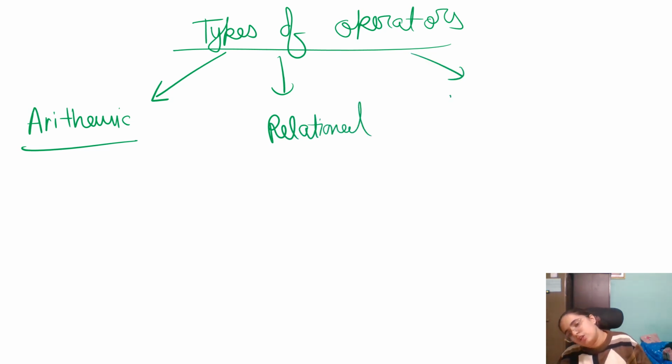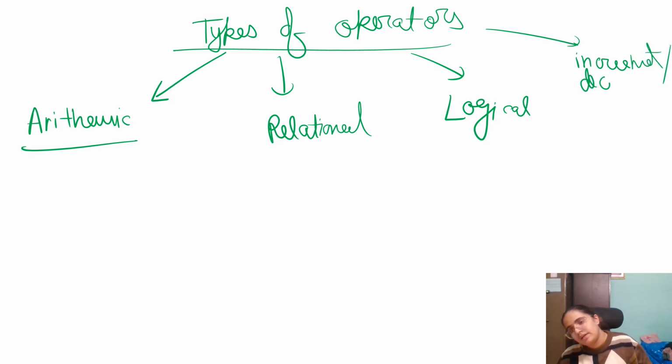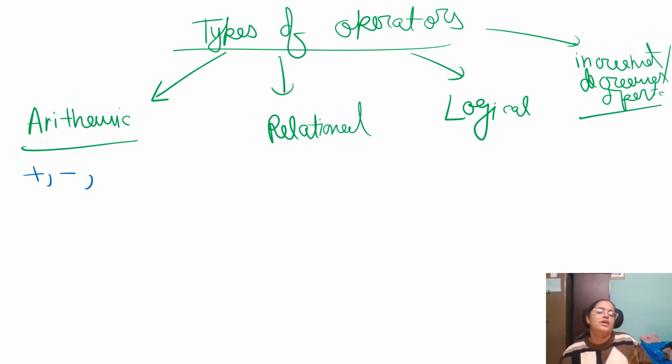Then logical operator and increment or decrement operators. Starting with the arithmetic one, as the name suggests, it does arithmetic operations: add, subtract, divide, and multiply. All those operations come under my arithmetic operators.